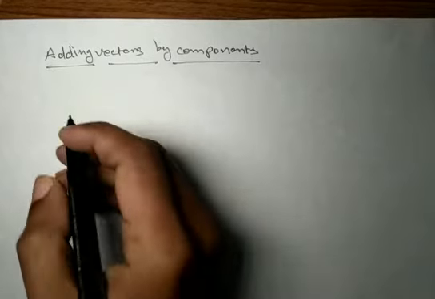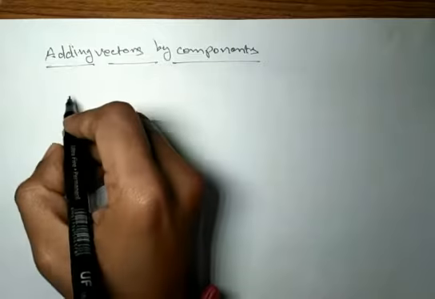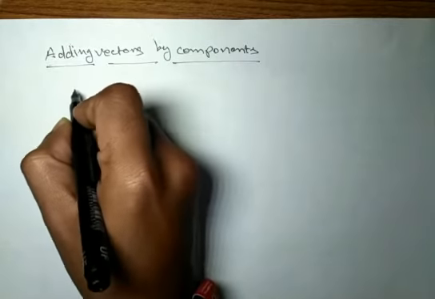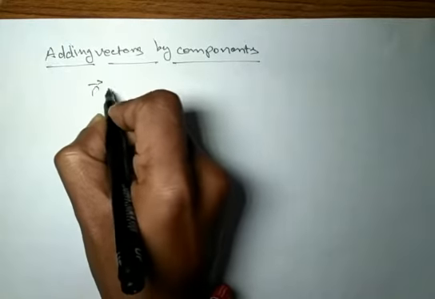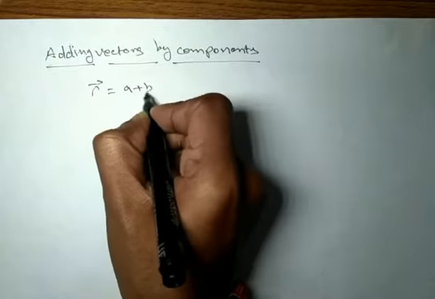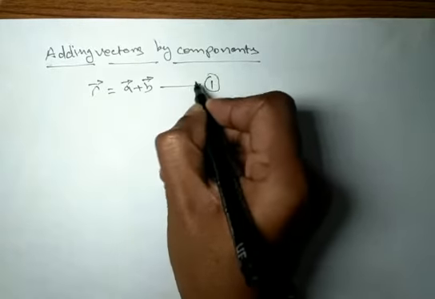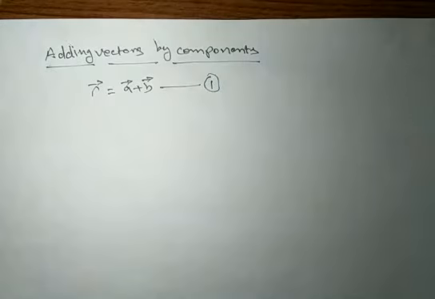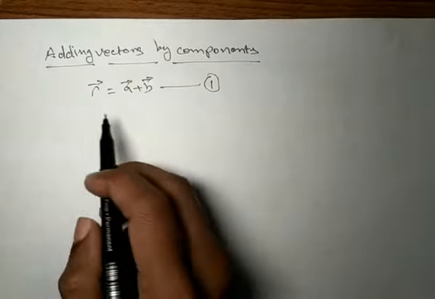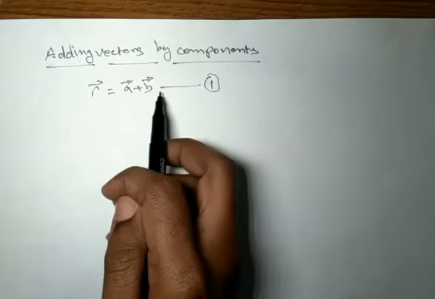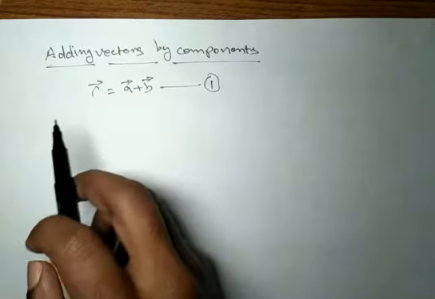So let us consider a statement: r equals vector a plus vector b. Let's take equation 1. Here, equation 1 says that the vector r is the same as the vector a plus vector b.